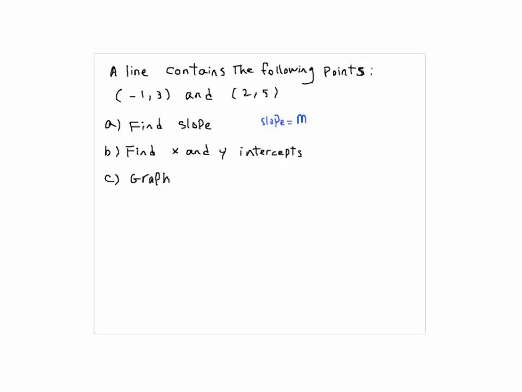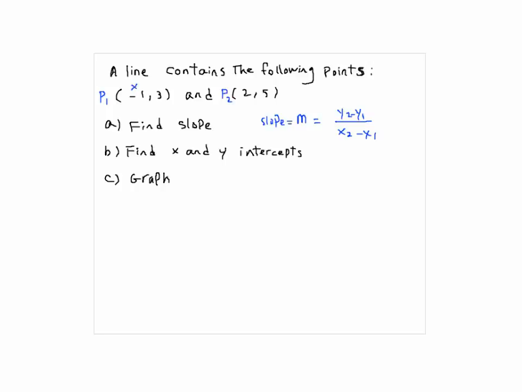Okay. Is it m equals y2 minus y1 over x2 minus x1? Very good. Now we have to label these points. So let's go ahead and label the first one point 1. This is point 2.